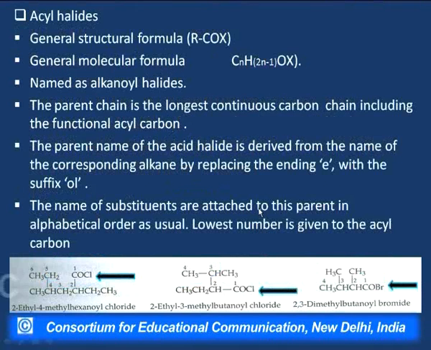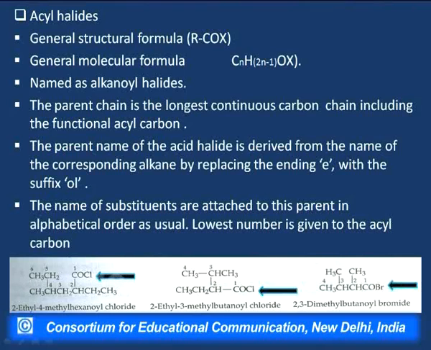Now if we talk of acid halides in detail, please remember acid halides are named as alkanoyl halide. That is, we drop the E from alkane and replace it with oyl halide. This halide we have to specify. It can be chloride, it can be bromide, it can be any halogen atom. Now in the first compound, we will start the numbering.